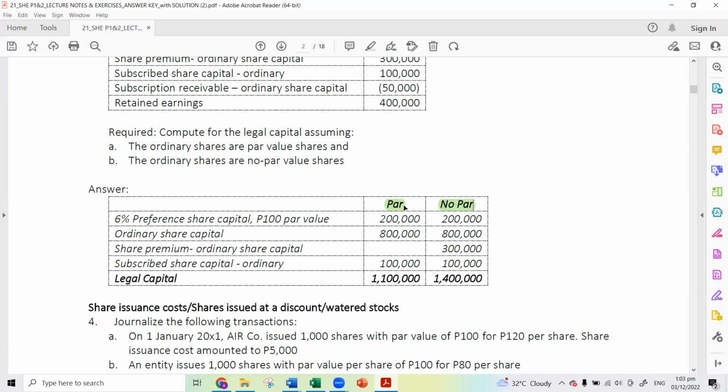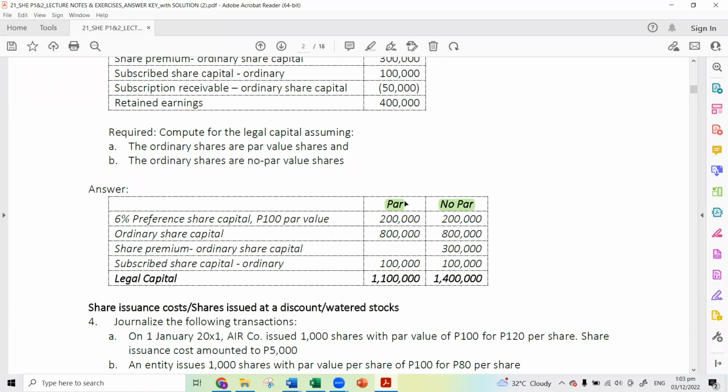However, pag sinabi natin no par value share, meron naman siyang tinatawag na stated value, na tinatawag din naman na issue value. However, this is also indicated in the articles of incorporation, but not in the share certificate issued.